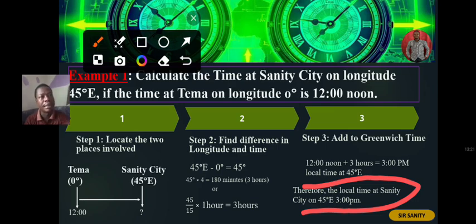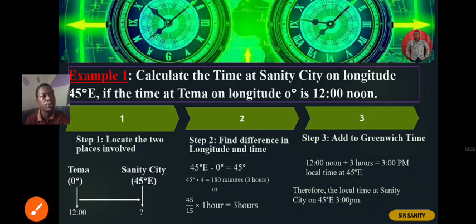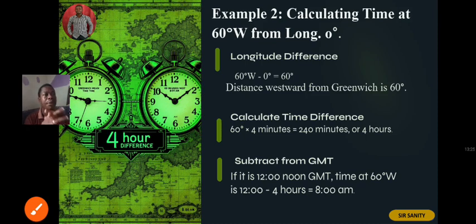Now let's look at example number 2. Calculating time at 60 degrees west from longitude 0 degrees. So they are given 0 degrees and the place that we are looking for is at the west. So you find the longitude difference. 60 degrees west minus 0 degrees will give you 60.